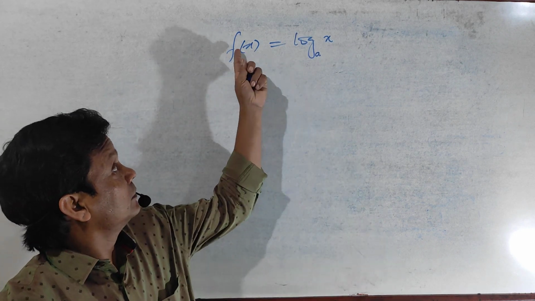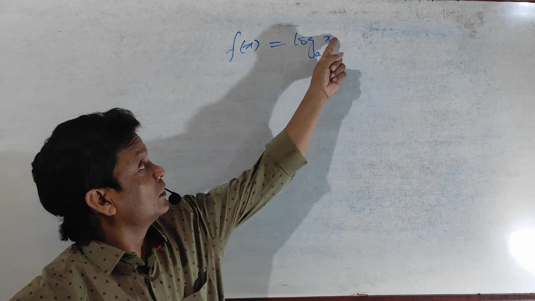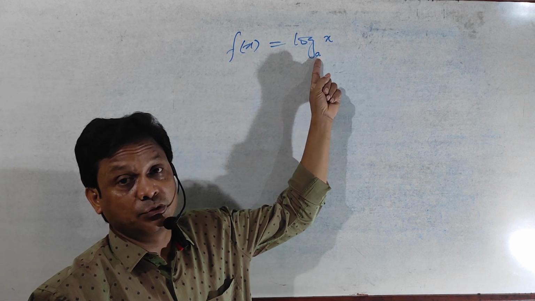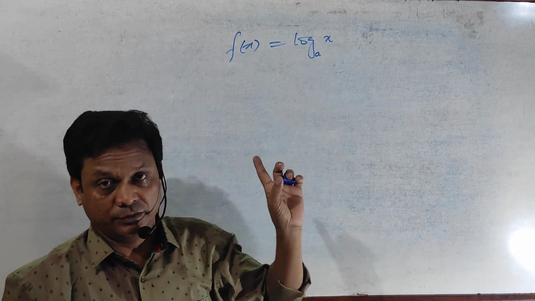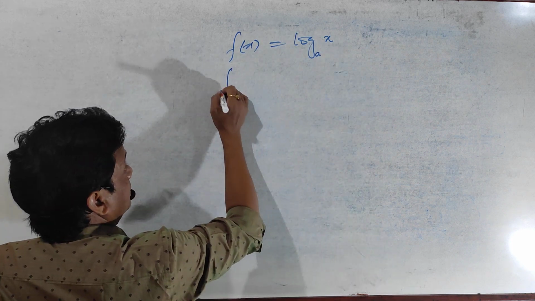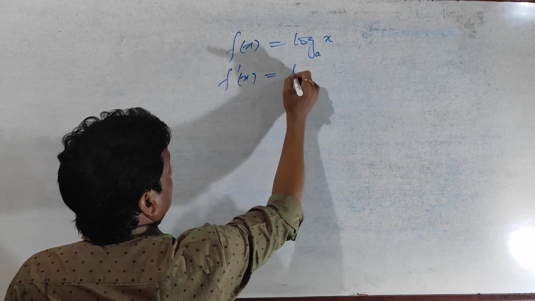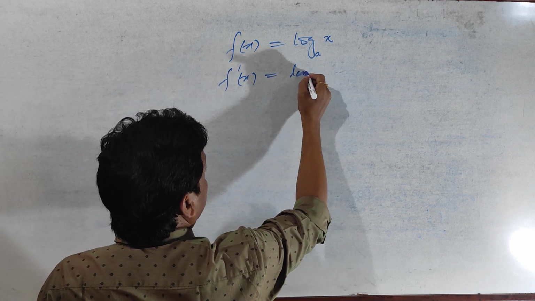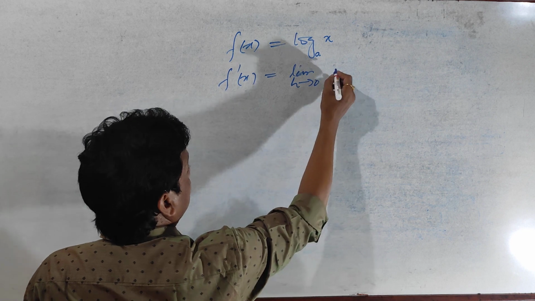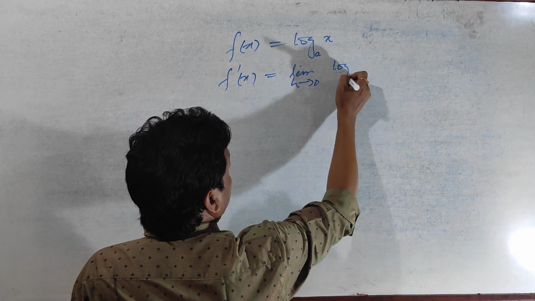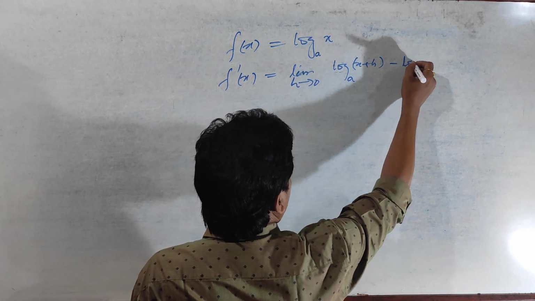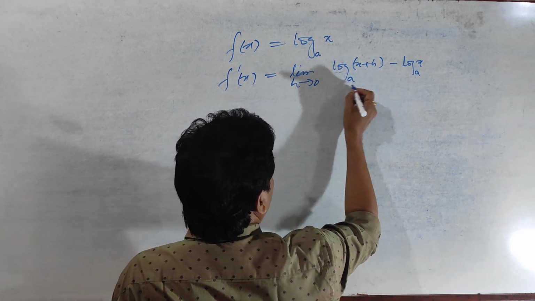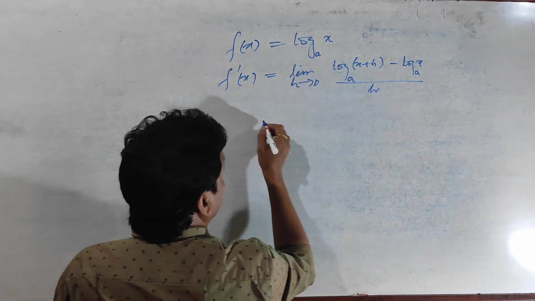See, I am deriving the formula for log x to the base a, and you should derive the formula for log x to the base a. That means simply log x. Okay. See here, f dash x equal to limit h tends to 0, log (x plus h) to the base a minus log x to the base a whole divided by h.